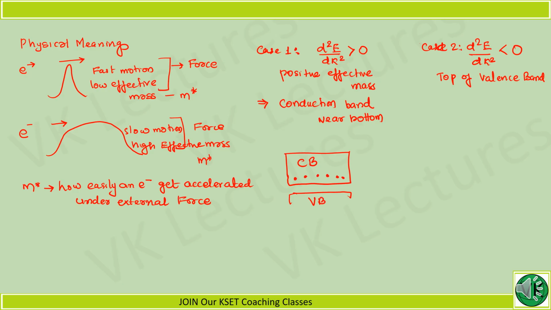Now coming to the case of d square E by dk square being less than 0, the phenomenon will be found at the top of the valence band. So what does this m star indicate? M star is a negative value. So you have a negative effective mass.